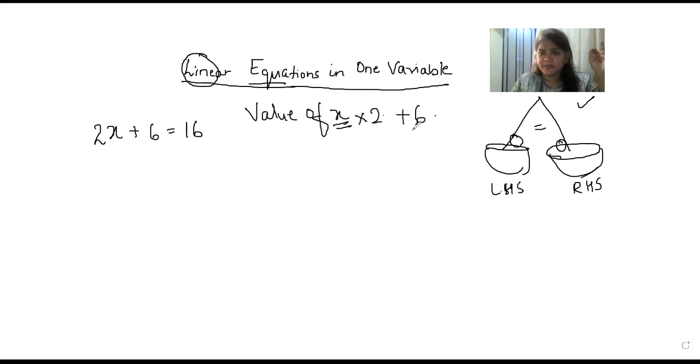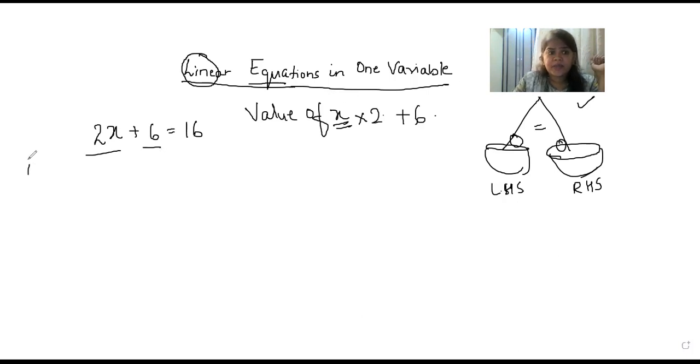So we will follow the reverse method. That is, first we will remove the 6, then the 2, and then we will find the value of x.